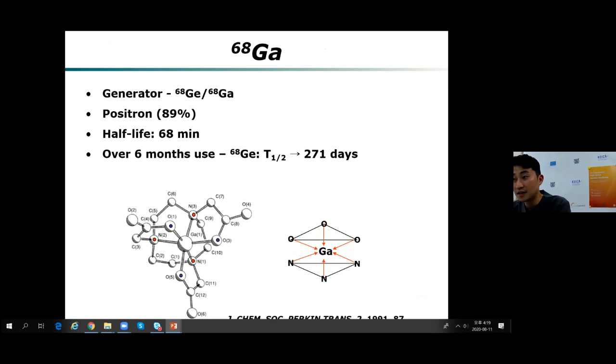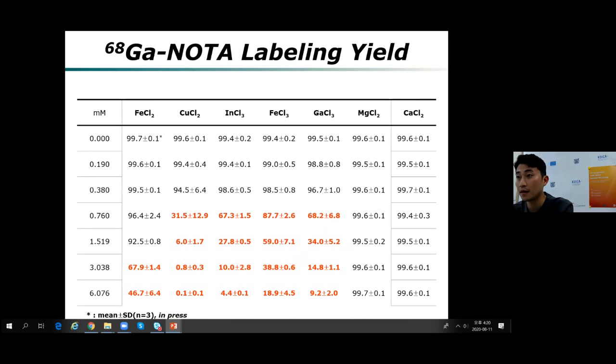The next example is gallium-68. Gallium-68 is a metal radioisotope used for PET imaging, because it emits positrons, its half-life is 68 minutes, and it is easily accessible using a generator system.